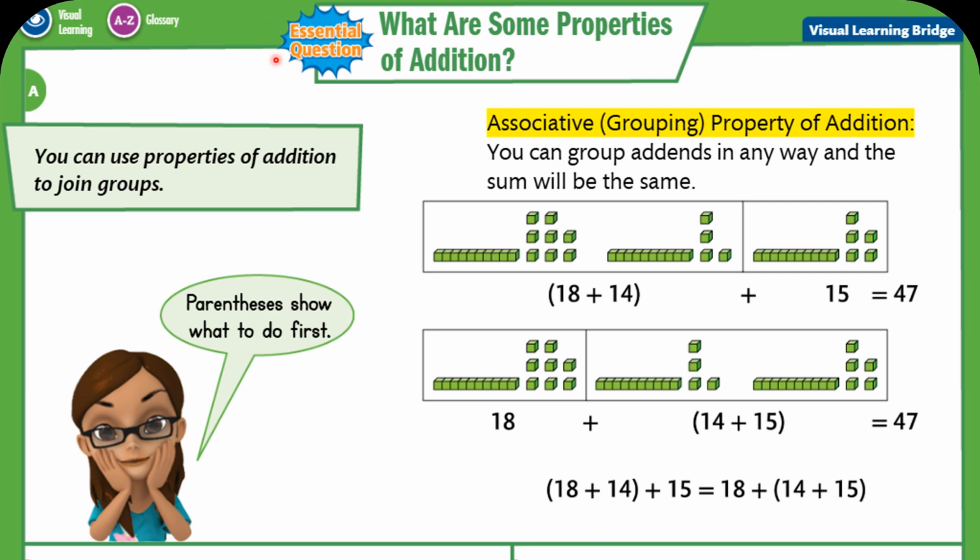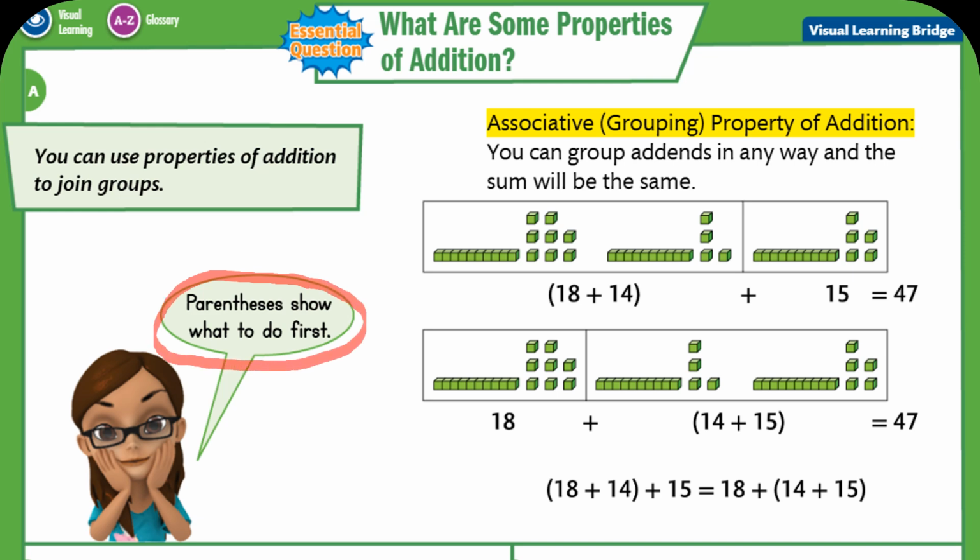So our essential question today is, what are some properties of addition? Well, they're going to have similar names or exactly the same names as properties of multiplication, okay? You can use properties of addition to join groups. Now, Marta's got some very important information for us here. Ooh, parentheses. Parentheses show what to do first.